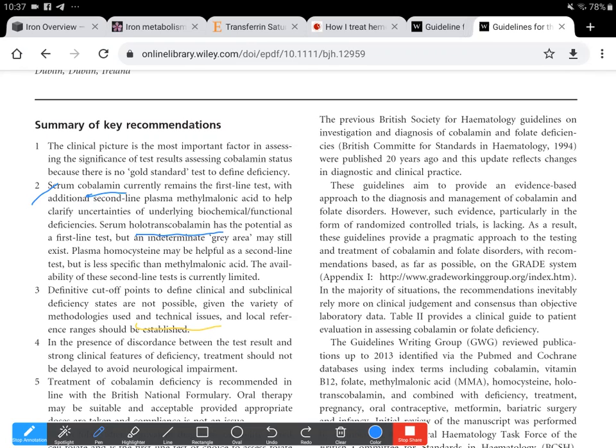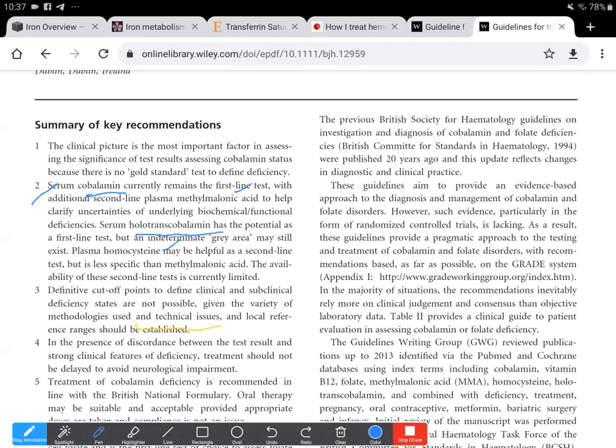So apart from this, a second line test would indirectly measure cobalamin levels based on the accumulation of byproducts. So the second line test could be methyl malonic acid levels and also homocysteine levels.